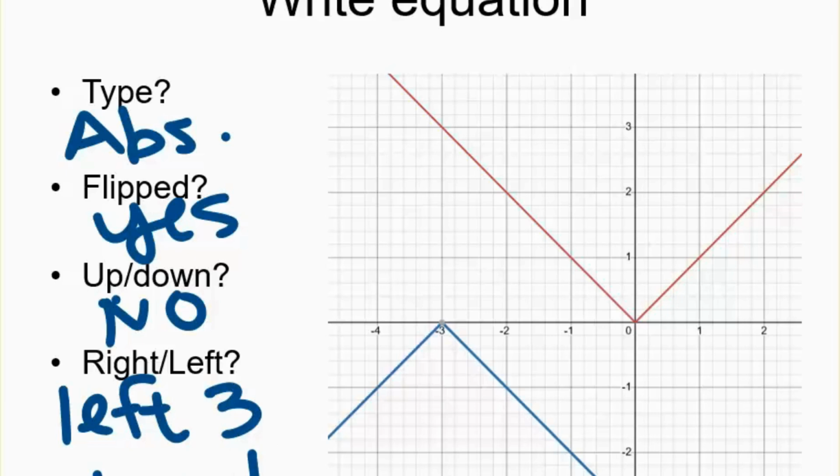Put my absolute value signs. Now remember, absolute value works the same as a parenthesis. It is a grouping symbol. Because when I want to move left 3, inside the parentheses, or that group, I need to add 3. So my equation is y equals the negative absolute value of x plus 3.